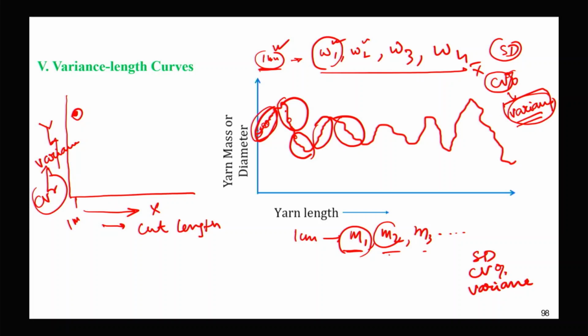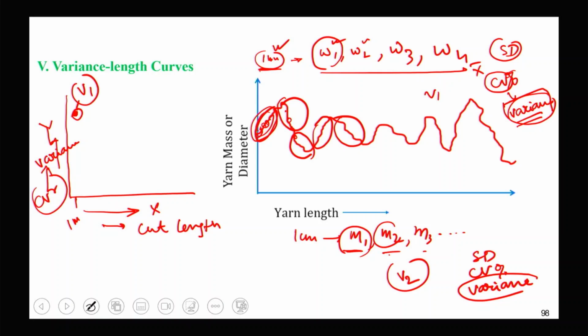As the variability within that 1 centimeter is averaged out, the variance will be less. So this will be variance V2, earlier it was variance V1 for 1 millimeter. For 1 centimeter, the variance value V2 will be less than V1.